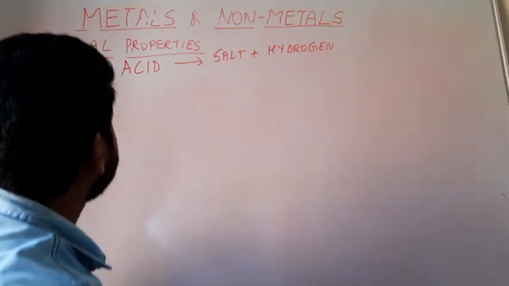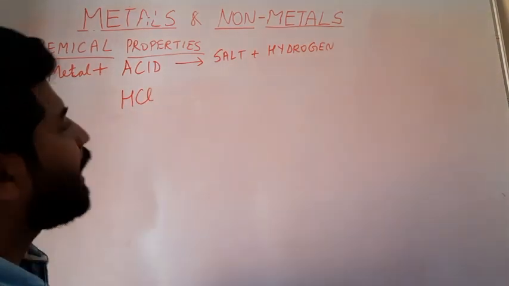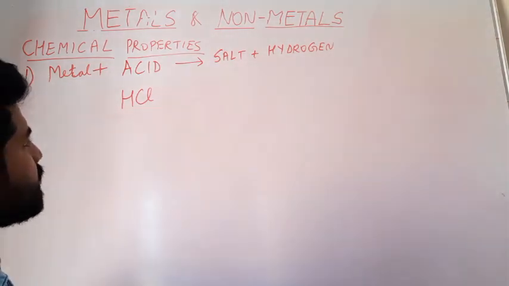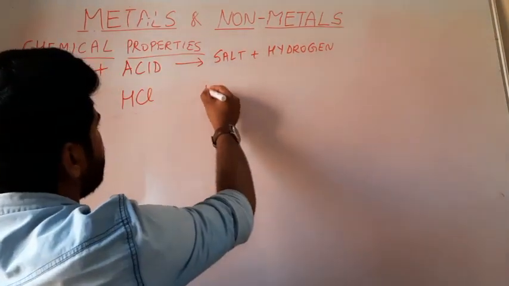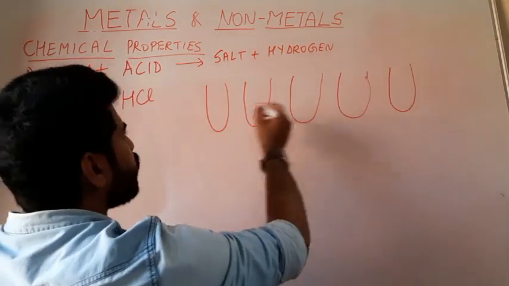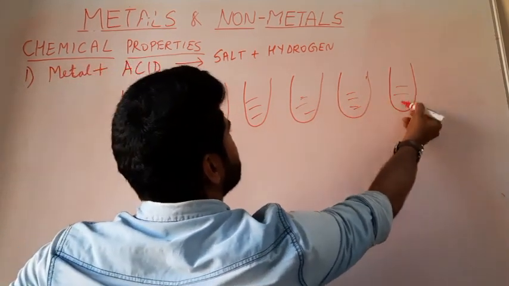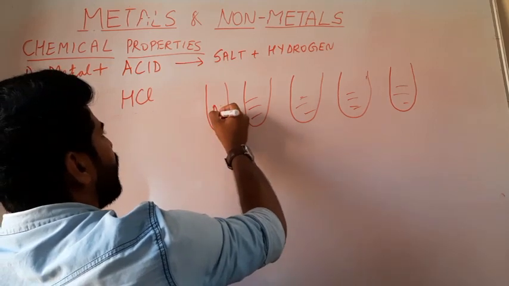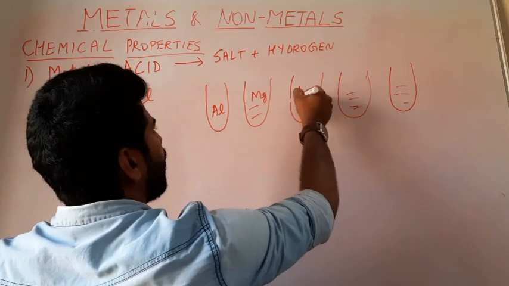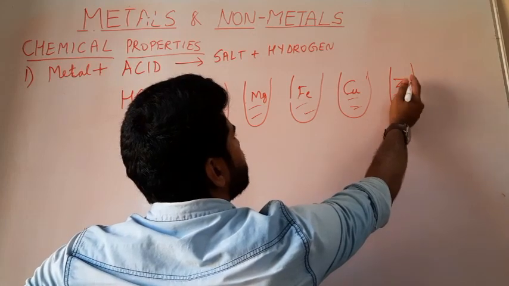For this case, we take hydrochloric acid and in different test tubes, say test tube 1, 2, 3 containing hydrochloric acid, and we put different metals in them. So in one we can put aluminium, another we can put magnesium, iron, copper and zinc.